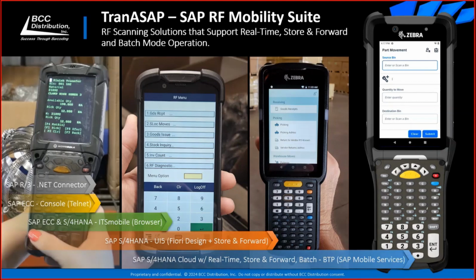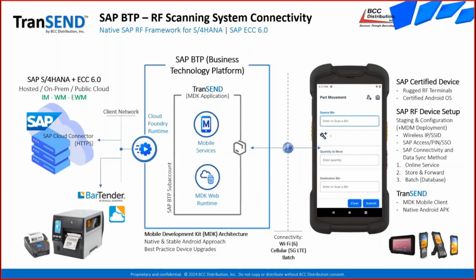So not necessarily ideal, and it wasn't built offline by design. It was an added functionality, whereas the BTP solution is that future-proof approach that we're trying to look for. So this is the architecture of this BTP Store and Forward Transcend solution that we're talking about today.